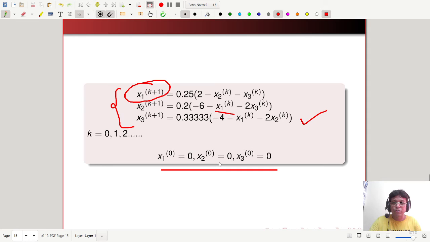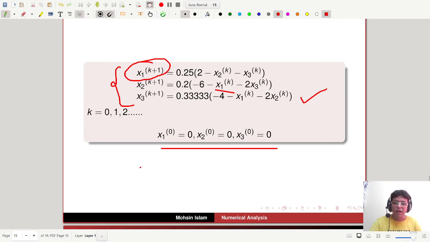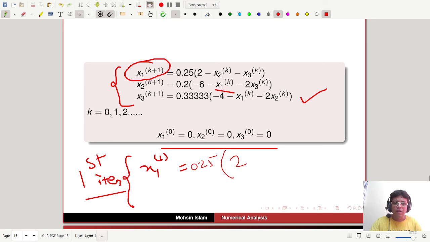Now you substitute. If you replace k by 0, then you have x1(1), the first iteration. You are calculating the first iteration. So x1(1) equals 0.25 times (2 minus 0 minus 0). I'm writing this so you can try to understand the problem; you can solve the problems by yourself.